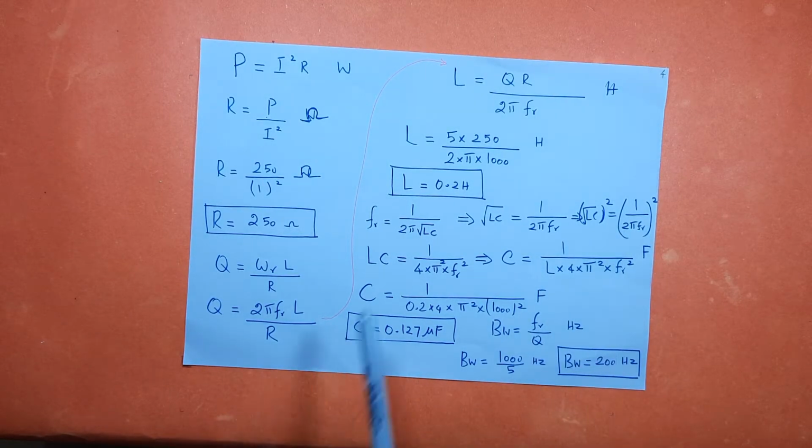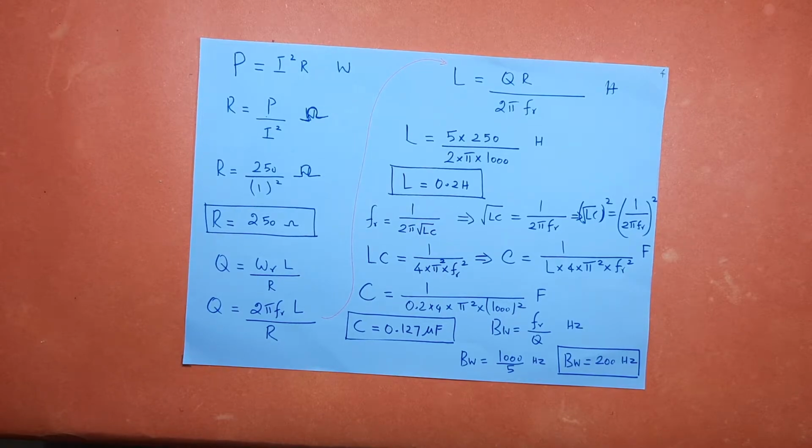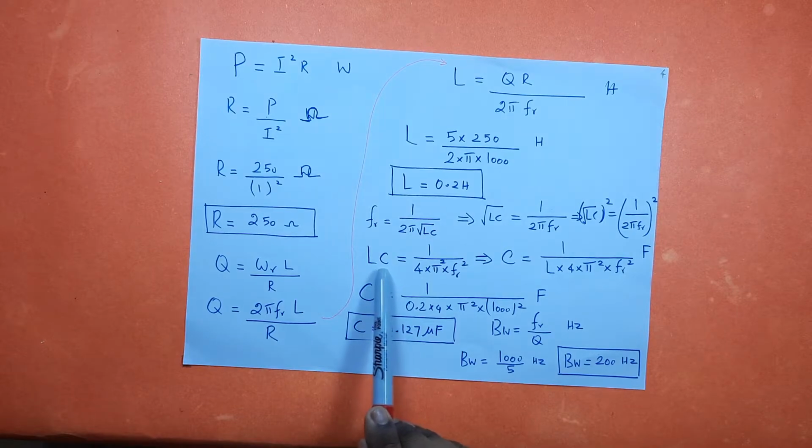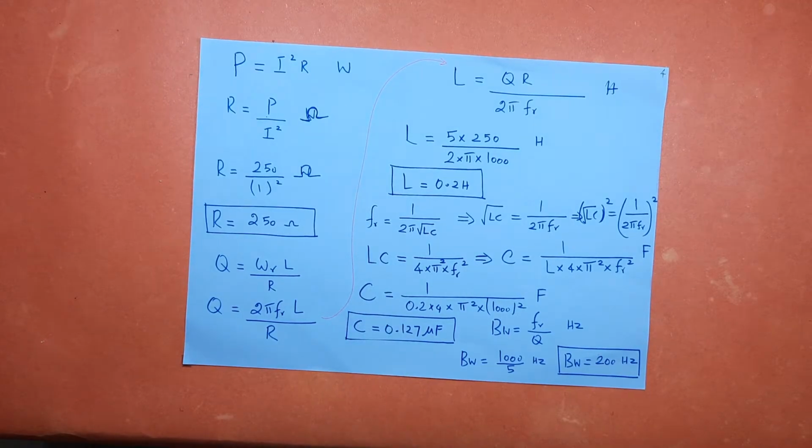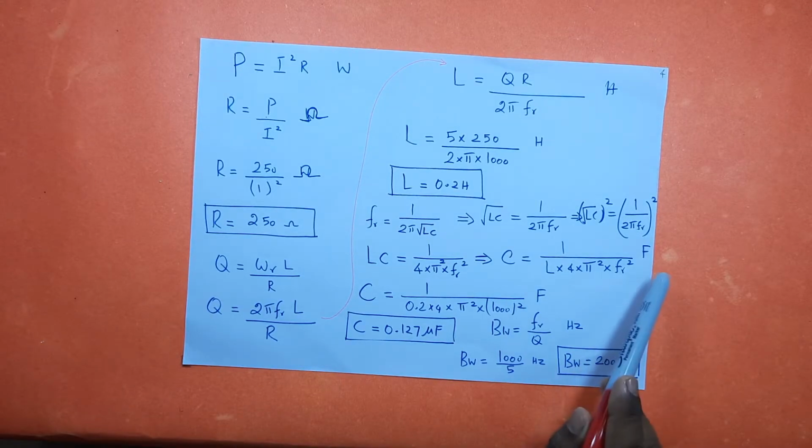Square and square root get cancelled. LC equal to, squaring this, 1 by 4 pi square FR square. We want C, so take L downstairs. So C equal to 1 by L into 4 into pi square into FR square farad.